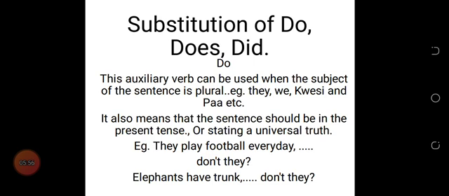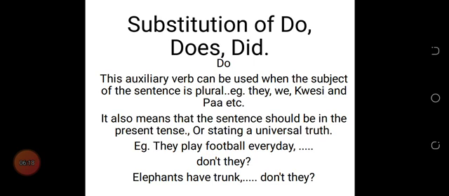When we want to use do for a question tag, where we have a statement with an omission of an auxiliary verb and modal verb, we should consider the subject of that sentence. We should also consider the tense.